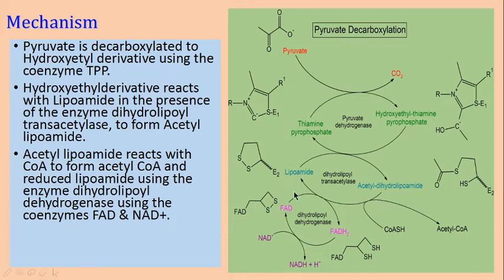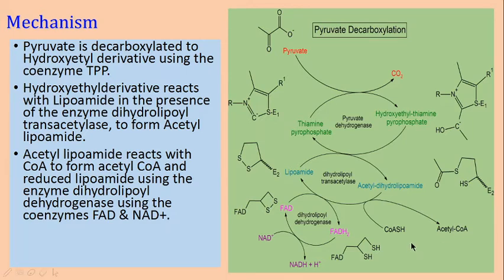So the reduced form of lipoic acid will be reoxidized once again into the oxidized form of lipoamide with the help of the enzyme dihydrolipoyl dehydrogenase, which will utilize FAD as the coenzyme. So FAD will be converted into FADH2, releasing the reduced form of lipoic acid. Reduced form means SH here, you can see this. So the reduced form of lipoic acid will be liberated.